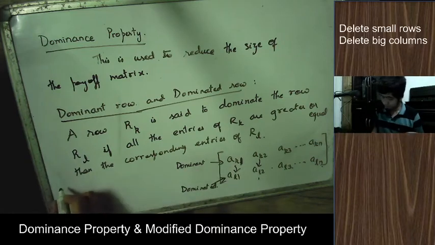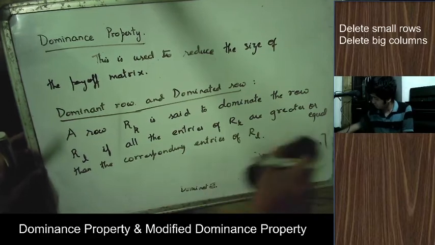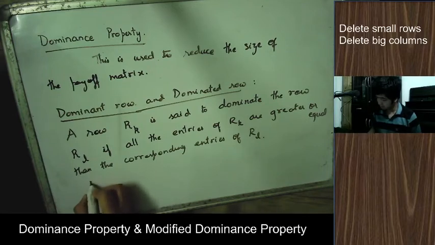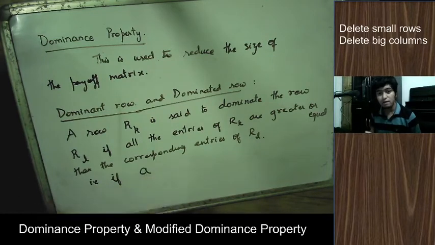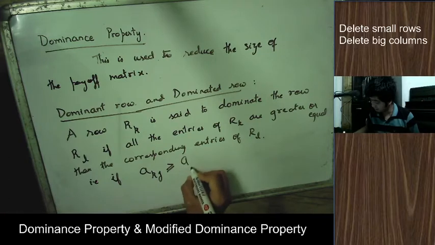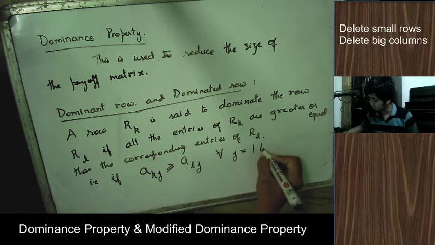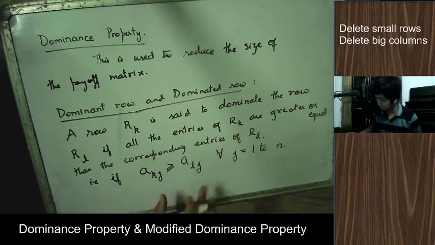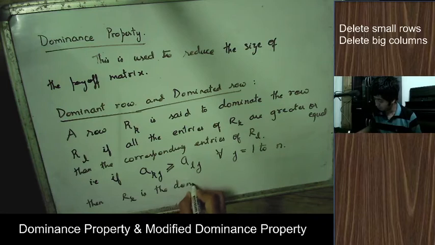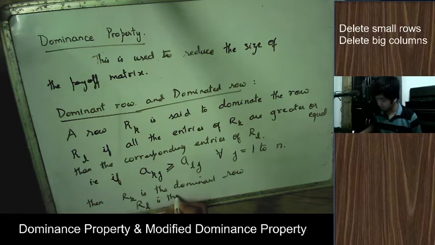That is, if akj is greater or equal to alj for all j equal 1 to n, then we can say that Rk is the dominant row and Rl is the dominated row.